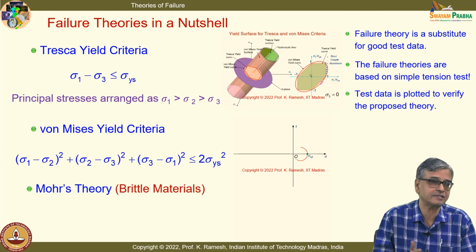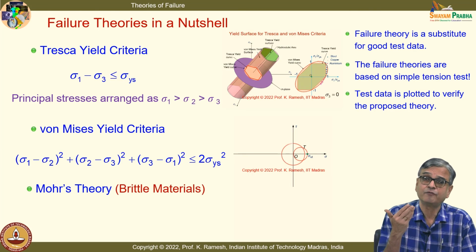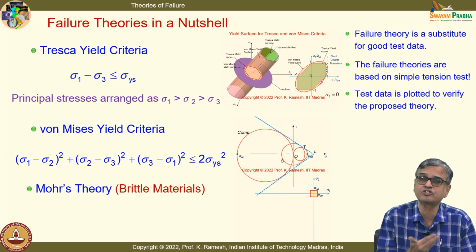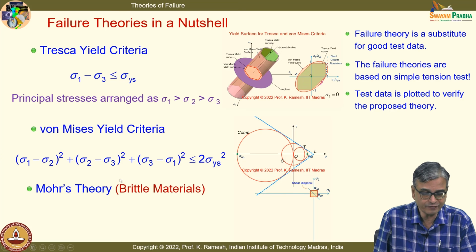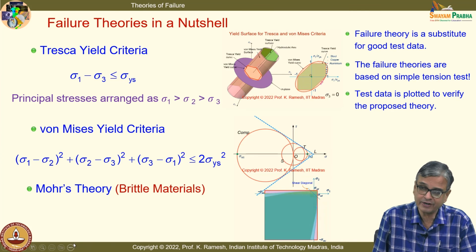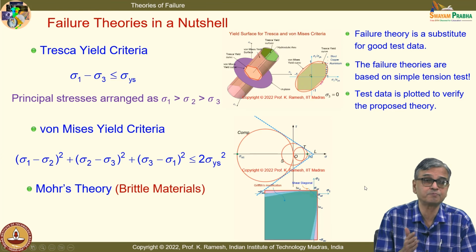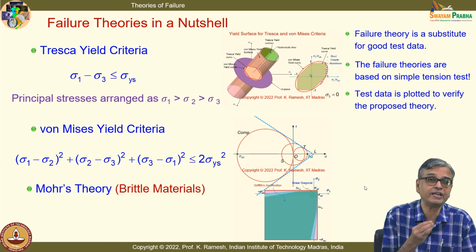For brittle materials, because they have very different values of tensile yield strength and compressive yield strength, and are very strong in compression, you have a failure locus which was modified by several people. Initially you had one developed a long time back by Coulomb, but modified by Mohr. Then finally it was modified by Griffith, that is also shown here. And so you have to use principal stresses very effectively to verify whether a material, whether it is brittle or ductile.